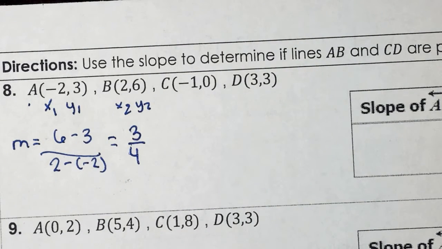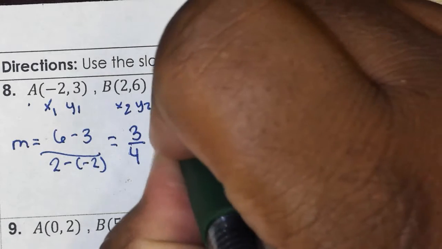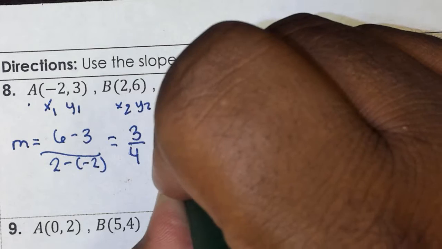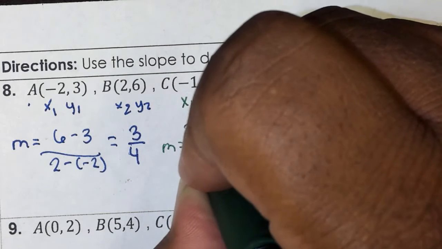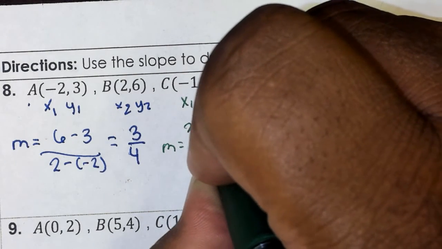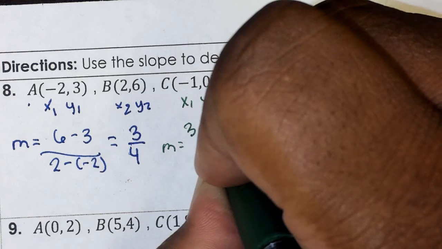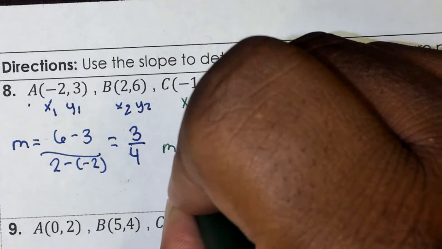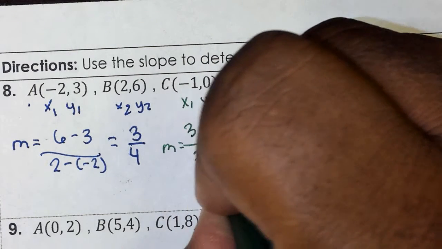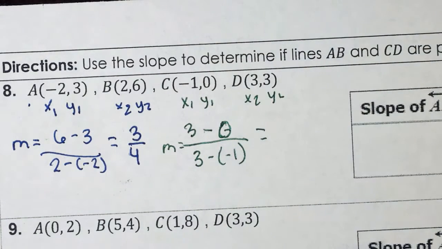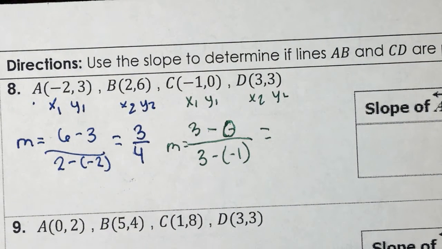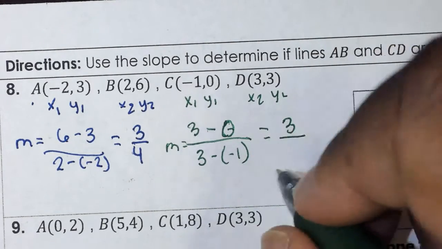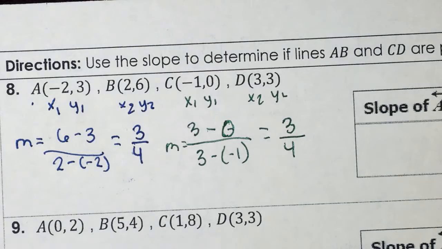That's my first slope. Go in and find your second one. X1, Y1, X2, Y2. M equals 3 minus 0 on top, and on the bottom, 3 minus negative 1. On top you get 3. Bottom you get 3 minus negative 1, which is 4.